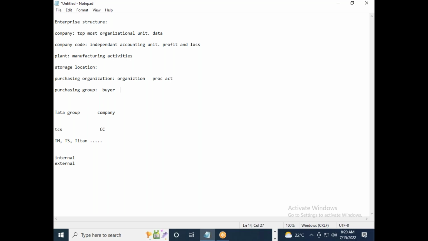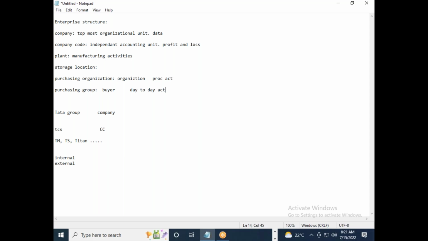It consists of a single person or some group of people who are responsible for the day-to-day activities at each and every client location. Suppose you take the Nike company, at the Nike company itself, some SAP end users will be working.